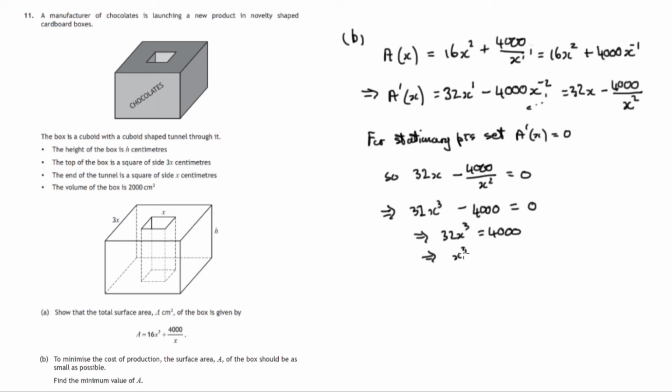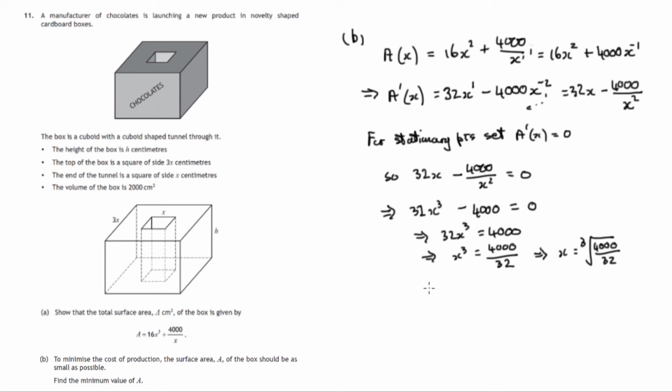So x cubed is 4,000 over 32. And we would need to take the cube root of that, and unlike the square root, there's only one value, a positive value. x would be the cube root of 4,000 over 32.